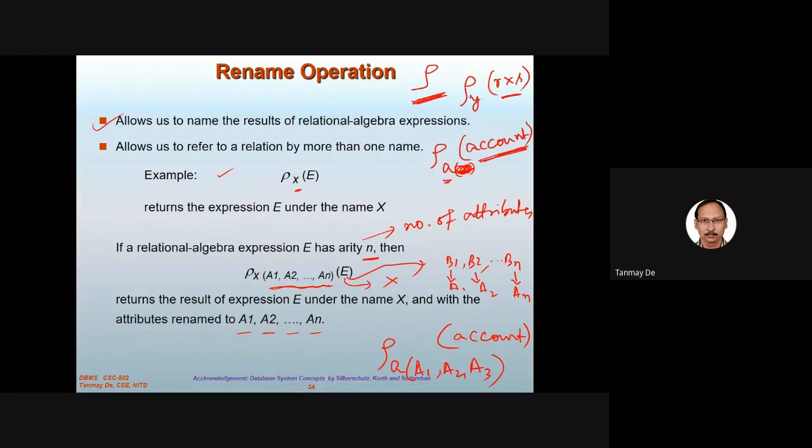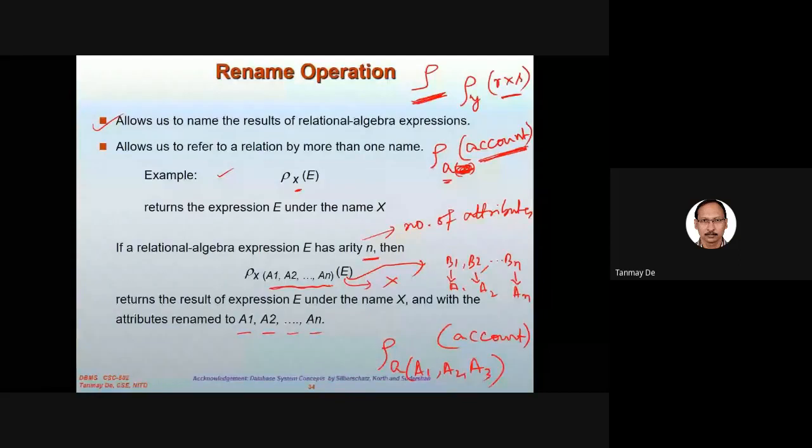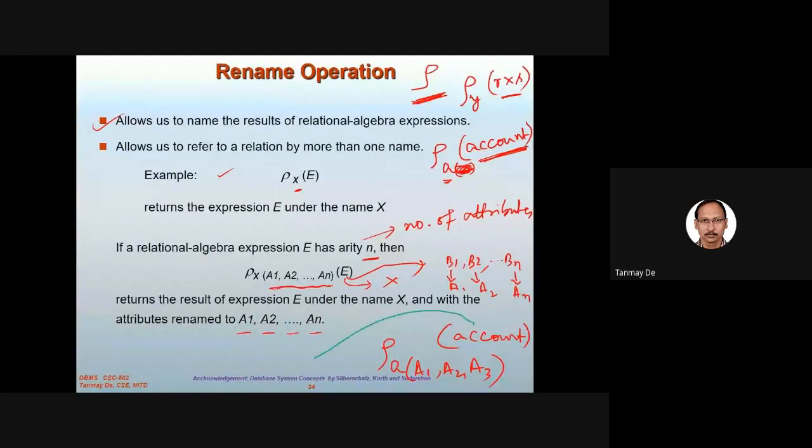Meaning is, the attributes of the account relation are account number, branch name, and another one is the balance.